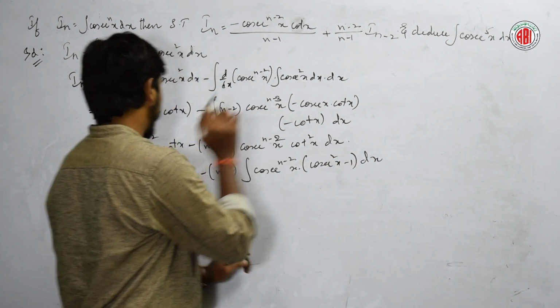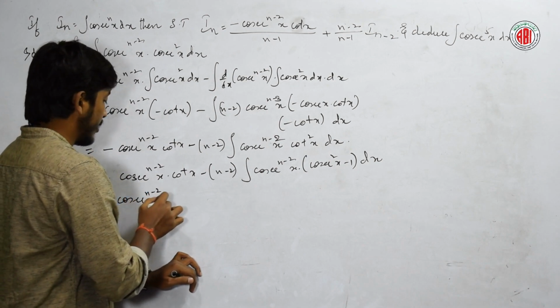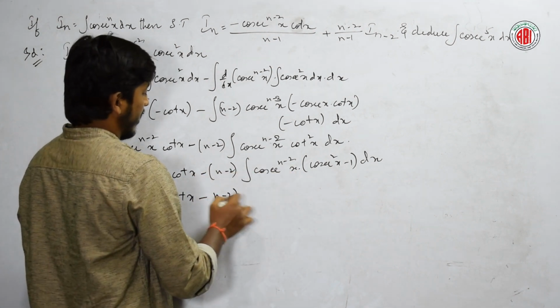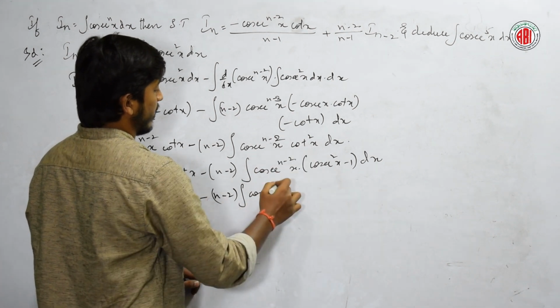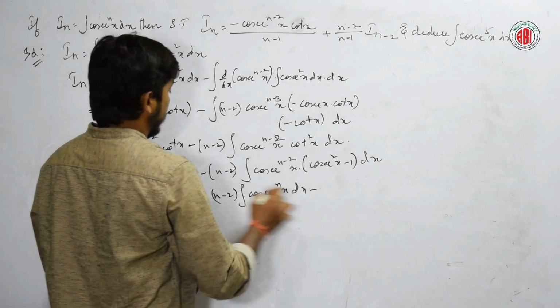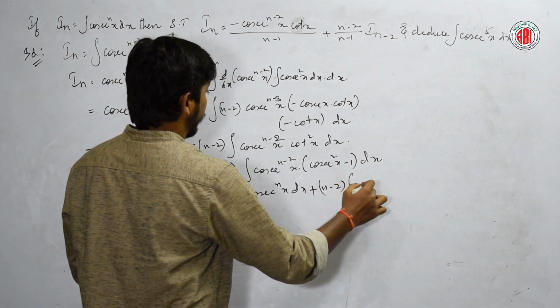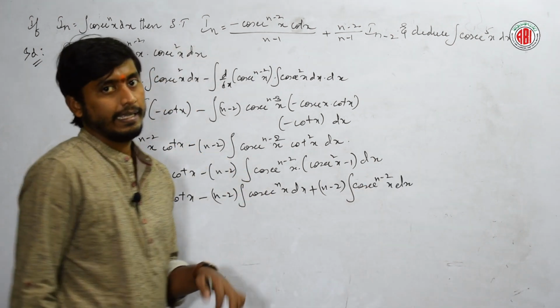Now, let us multiply. We will get minus cosecant power n minus 2 x cot x minus n minus 2 integral cosecant power n x dx, minus into minus is plus, n minus 2 integral cosecant power n minus 2 x dx, right.